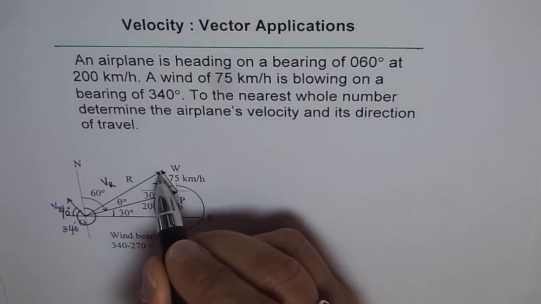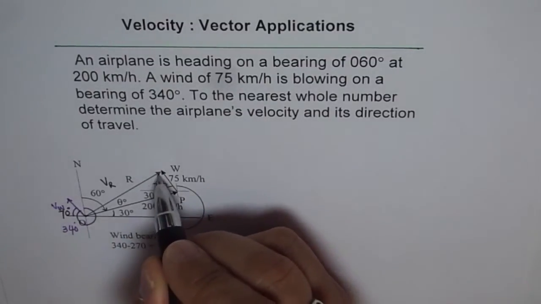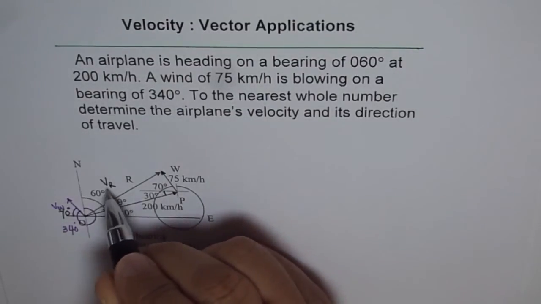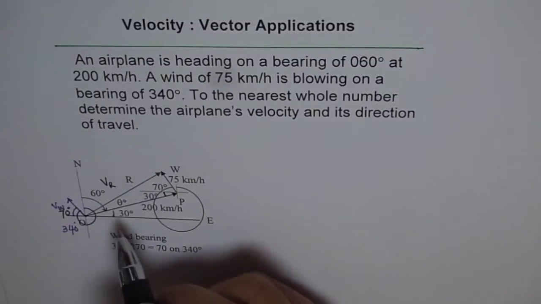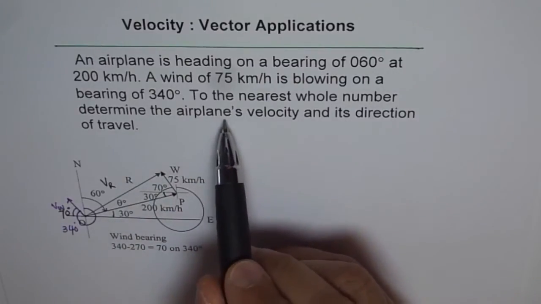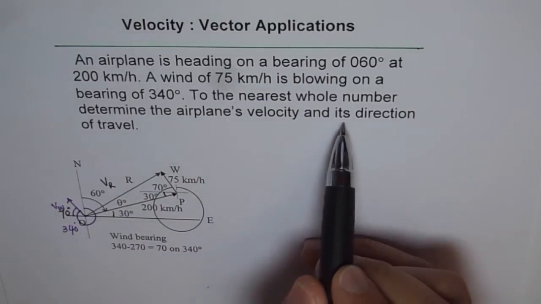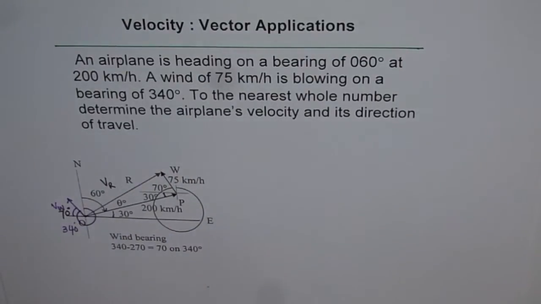OR represents the resultant velocity, direction shown by this arrow, and the length indicated by the magnitude, correct? Now the question is, to the nearest whole number, determine the airplane's velocity and its direction. So we need to find what is VR magnitude, right?